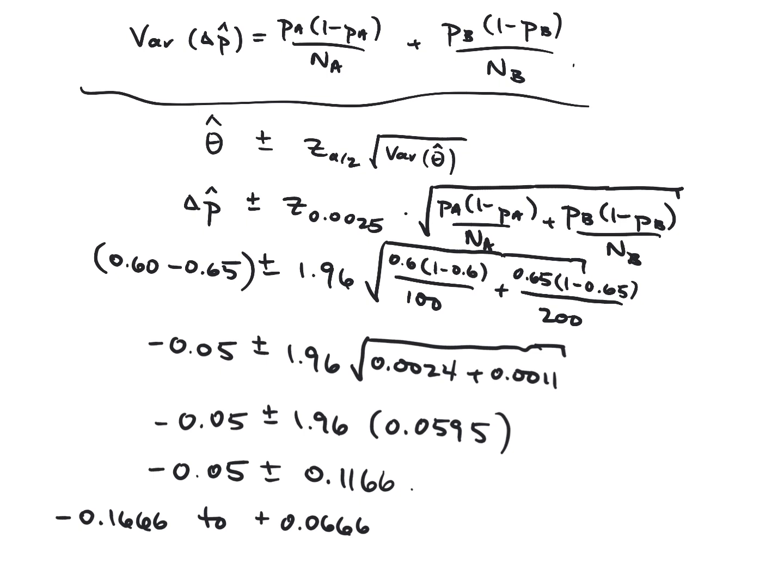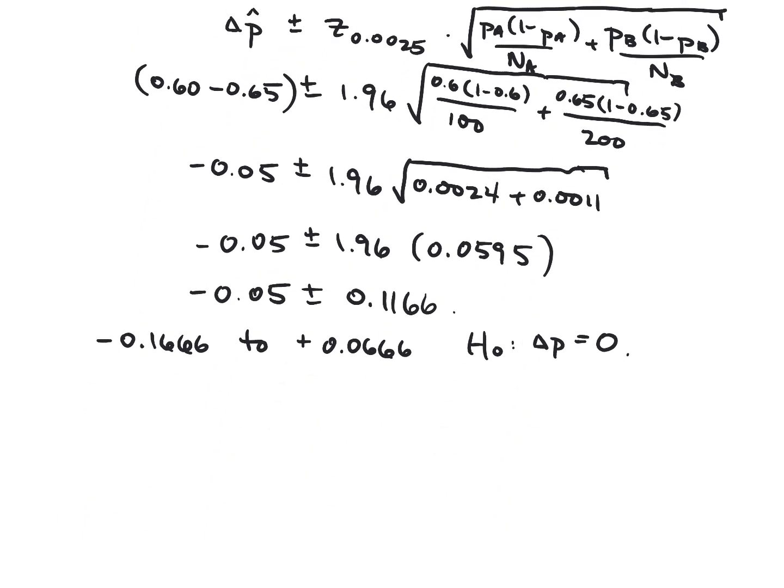Okay. And we're testing the hypothesis that the difference in proportions is 0. 0 is inside the confidence interval, correct? Yeah. Okay. So do not reject the null hypothesis. Okay. Are we good?